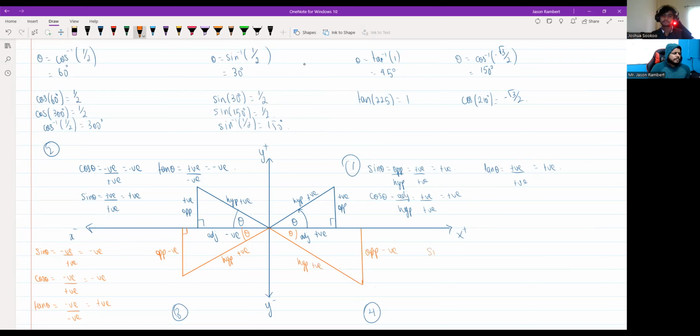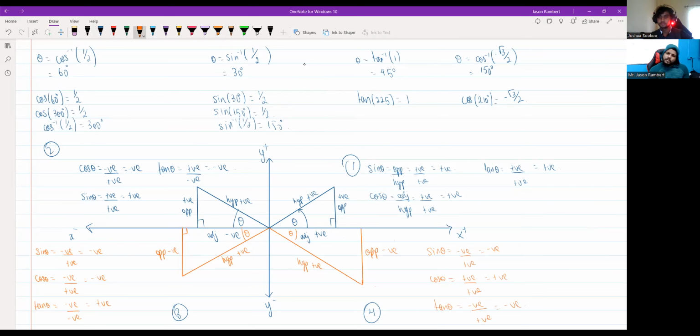Sine of theta is opposite over hypotenuse, which will yield a negative value. Cosine of theta is adjacent over hypotenuse, which will yield a positive value. And tan of theta is opposite over adjacent, which will give me a negative value.